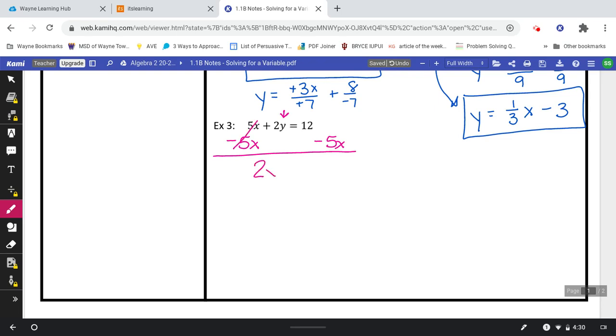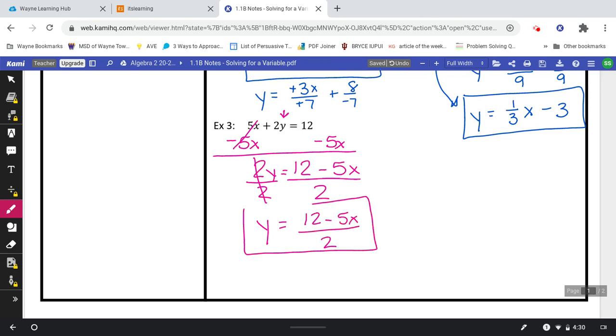Cancel. 2y equals, and again, you could write these two in either order. You could either write the 12 first or the negative 5 first. Go ahead and write the 12 first this time. And then divide by 2. So you notice that a lot of the steps are pretty similar. You normally add or subtract first and then go ahead and divide out. And I'll leave this one in one big format like that.